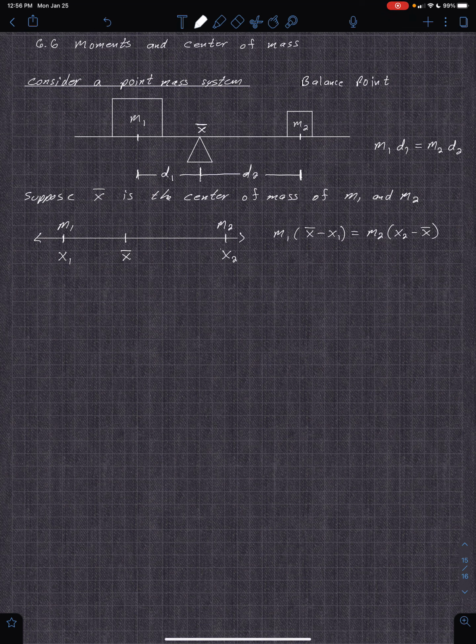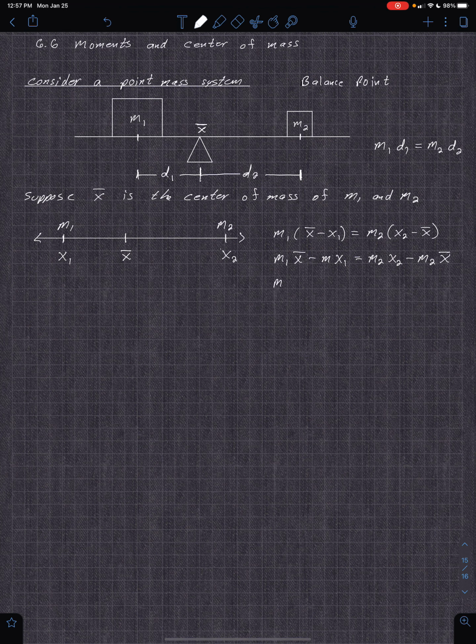And there we can solve for x bar and figure out a way to find the center of mass. So we distribute: m1 x bar minus m1 x1 equal to m2 x2 minus m2 x bar. Bring over x bar on one side.